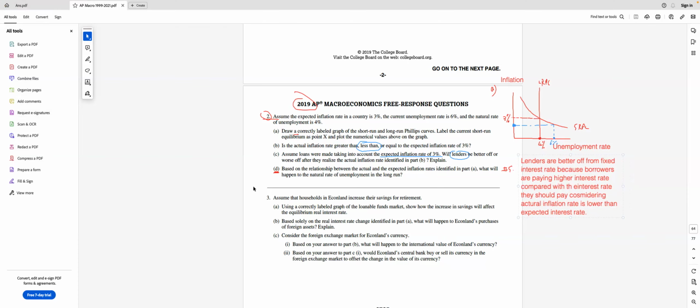And the last question is D. So the natural rate of unemployment will decrease.